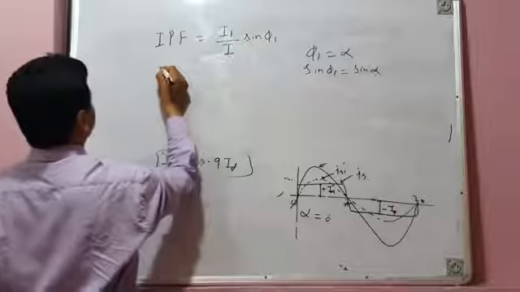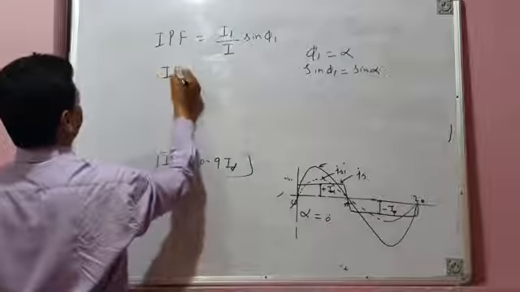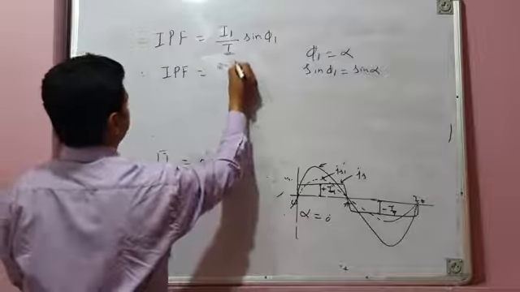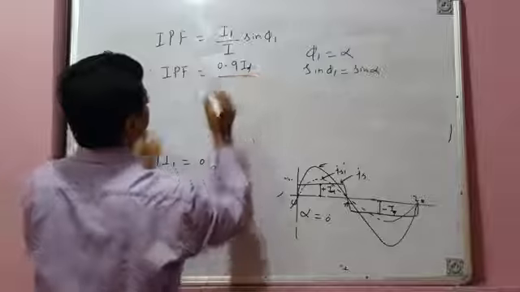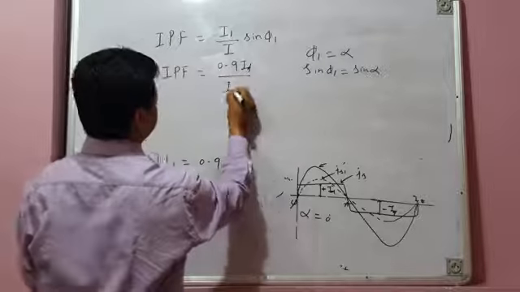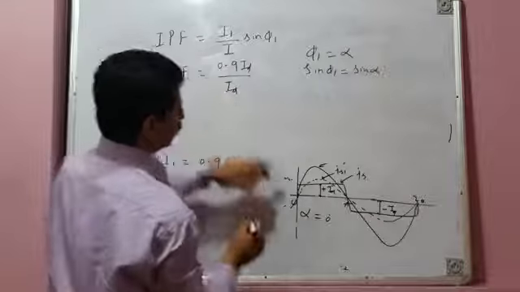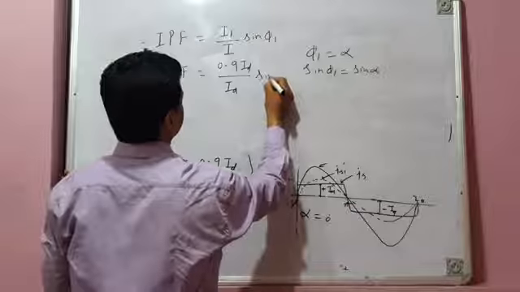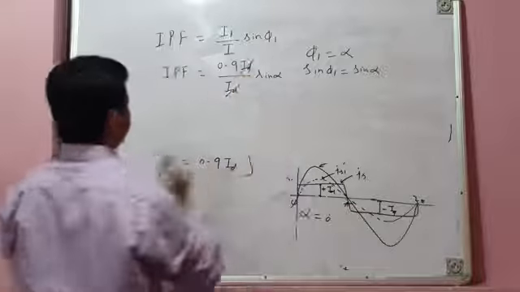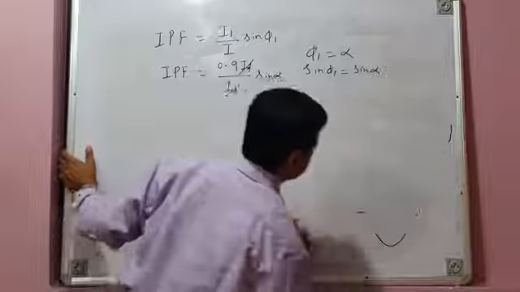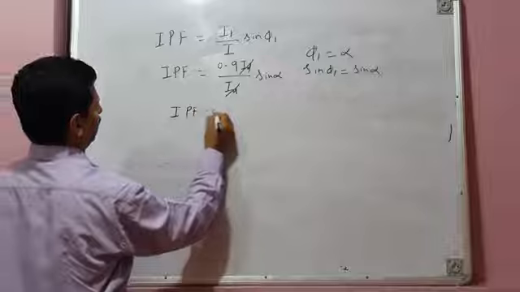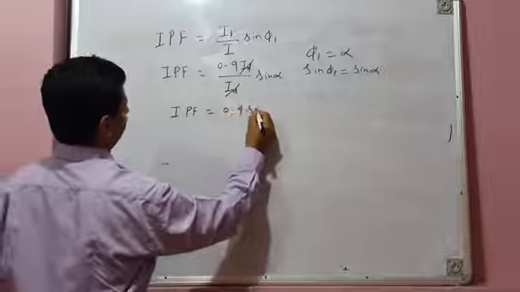So the input power factor will be I1, which is 0.9 ID, divided by the RMS value of the source current. You have just seen that the source current is simply equal to ID. Its RMS value is ID into sine alpha. ID and ID cancel, so the input power factor is 0.9 into sine alpha.